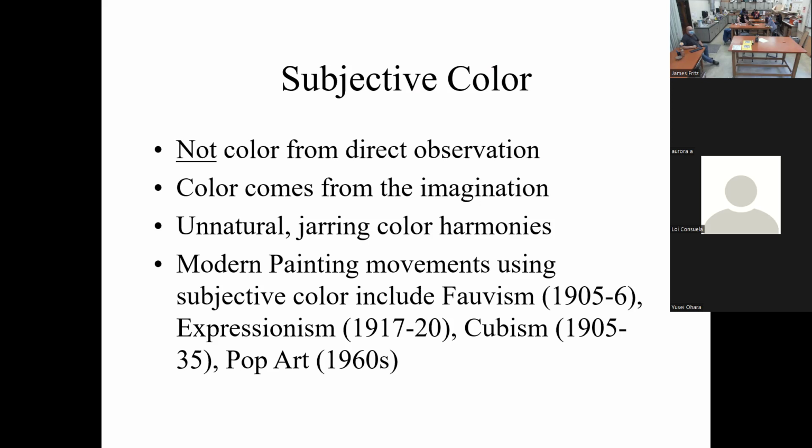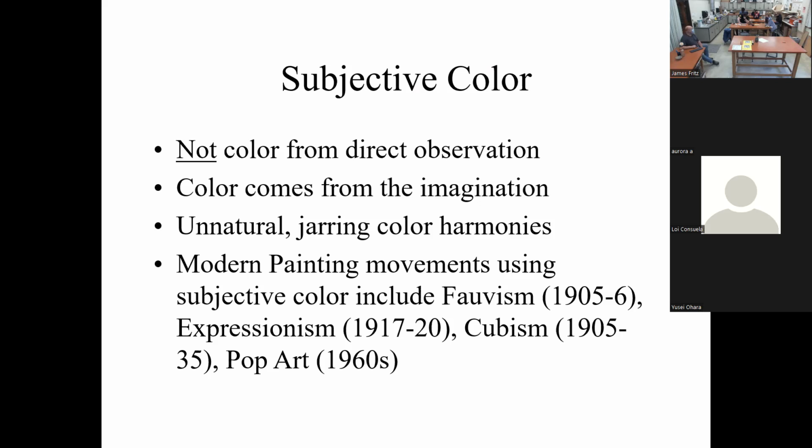The modern painting movements that used or tried to originate and really work off of subjective color were the Fauves, a very short-lived movement in 1905. Expressionism, often called German Expressionism, at the end of the First World War, 1917 or so.